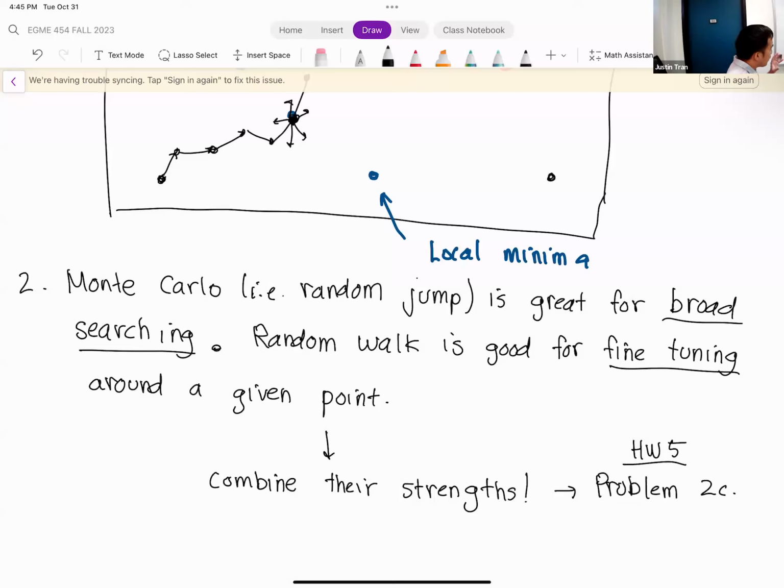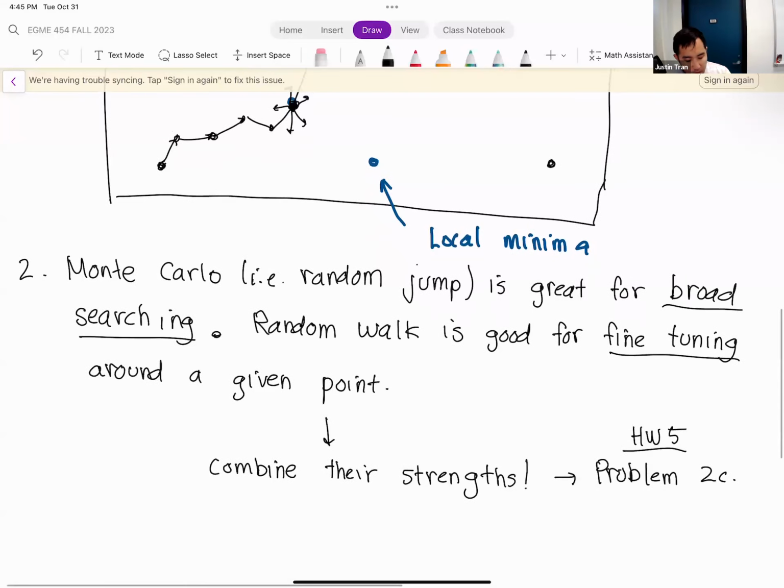As we go through all the different algorithms, it's always good to keep in mind what are some situations where this algorithm is good, and what are some situations where it is not good, because a lot of times you can combine the strengths of multiple algorithms to make a better algorithm. So that's everything with the random methods. From here, we're going to do a lot less randomness. Any questions on any of this?